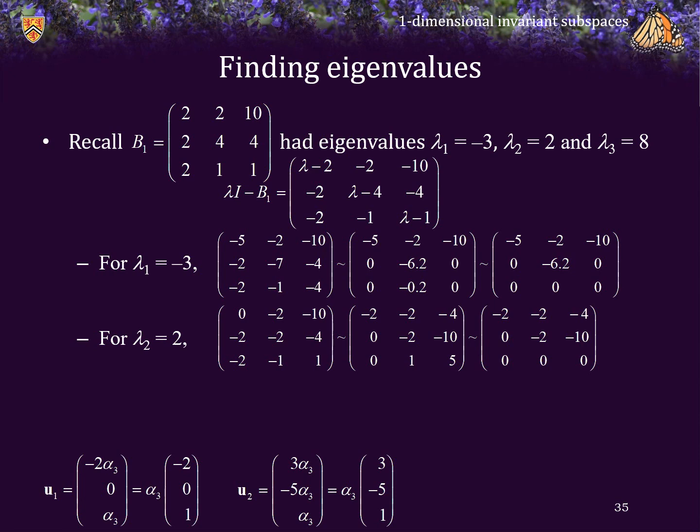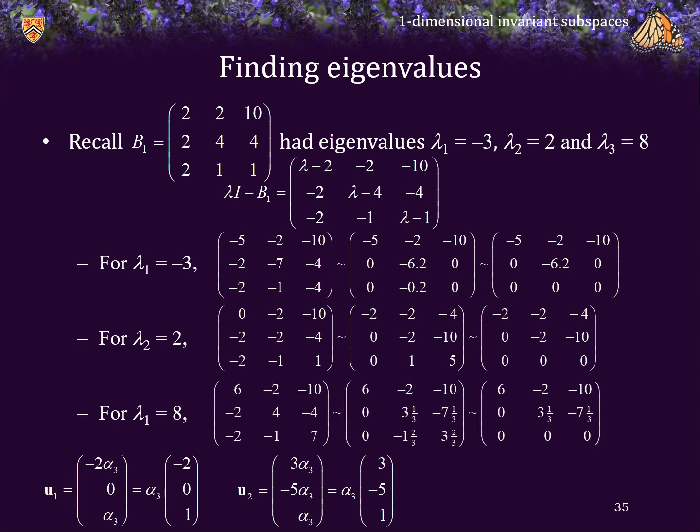Now, for the last eigenvalue, we substitute in 8. And now we have a few fractions in there, but that's not significant. When we do solve for the basis vector of the null space of that particular matrix, we get that the eigenvector is consequently 2.4, 2.2, 1, and all scalar multiples thereof.